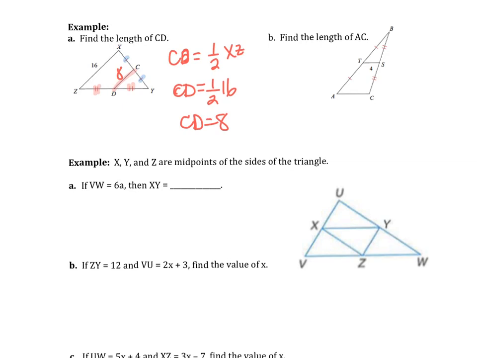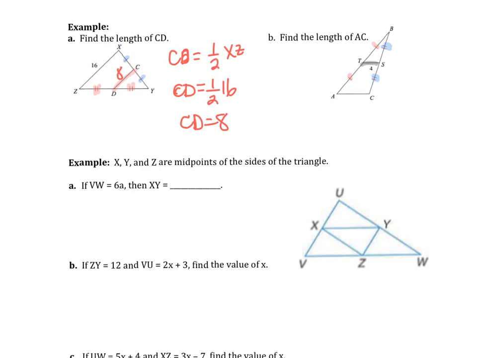In this next example, we're going to look at it the other way. Again, it's important to see that those tick marks are marking that mid-segment TS meets at the midpoints of both of the sides. So TS is that mid-segment.